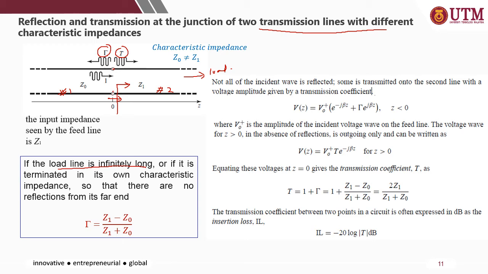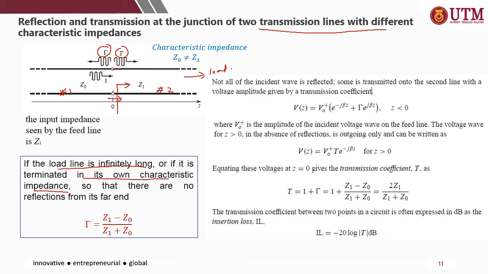If the load line is infinitely long, or if it is terminated by its own characteristic impedance, then we know that the characteristic impedance is not equal to the ZL. Therefore, we can calculate the reflection coefficient by considering the characteristic impedance of the individual lines included in the system, right?